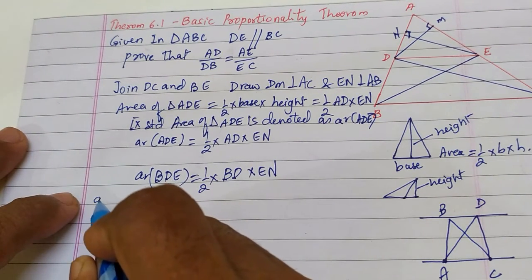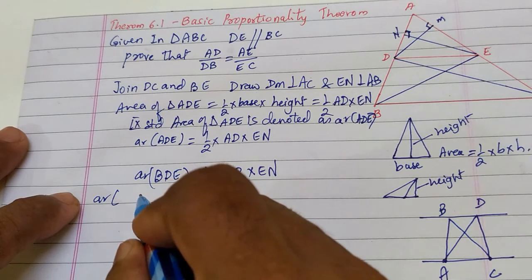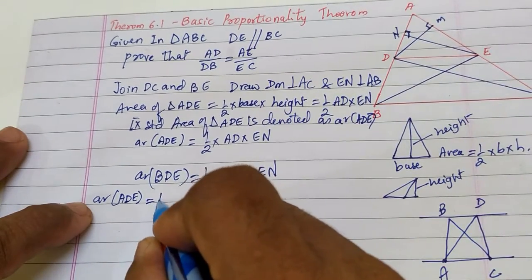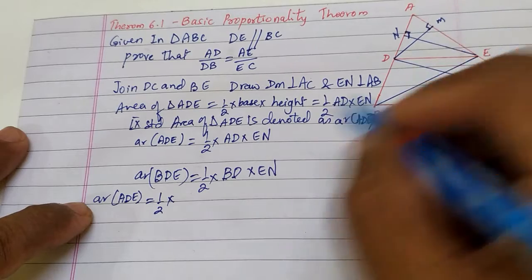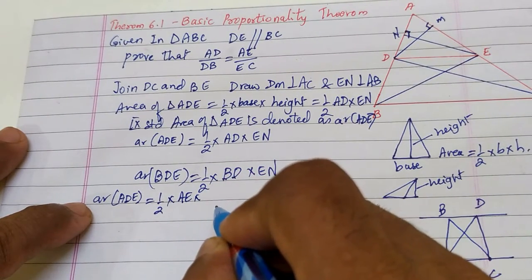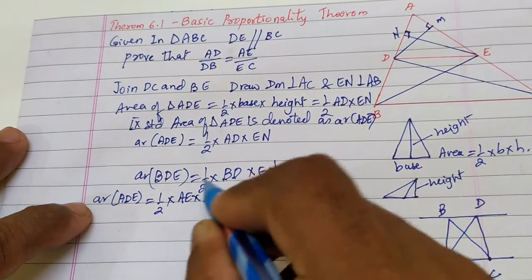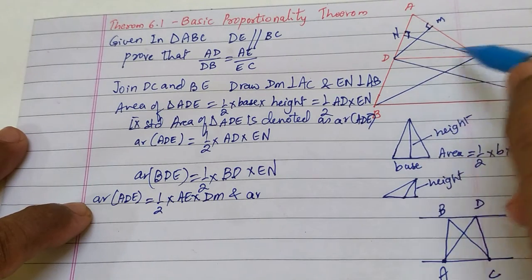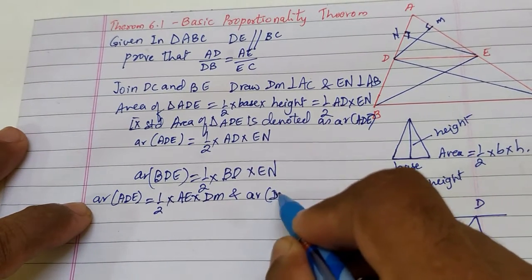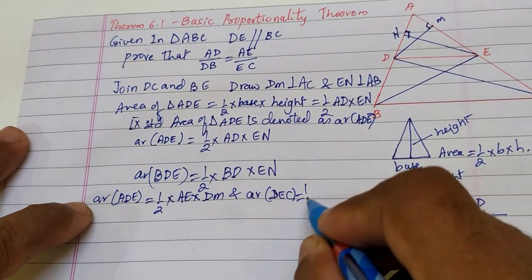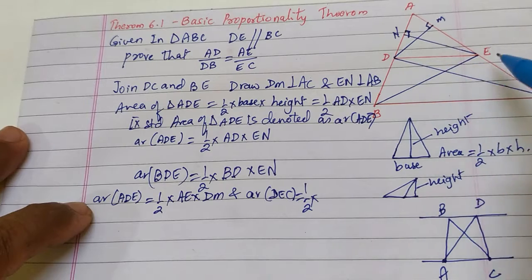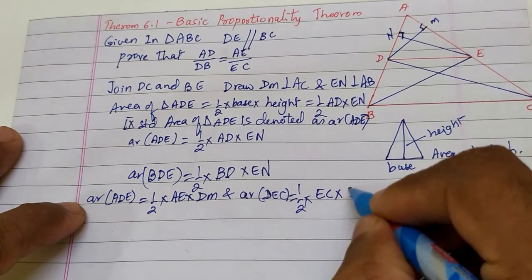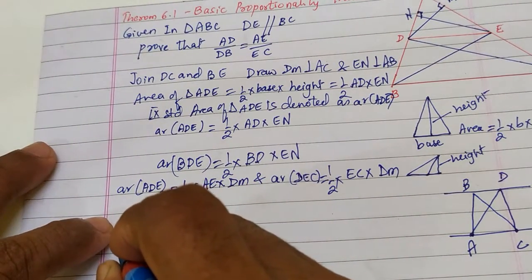Similarly, the area of ADE on the other side will be half into AE, which is the base, into height DM, and the area of DEC is half into the base EC into DM, the height. So we'll write down these areas.